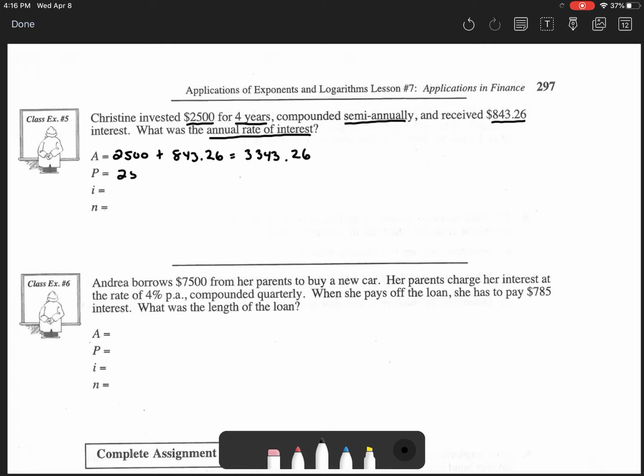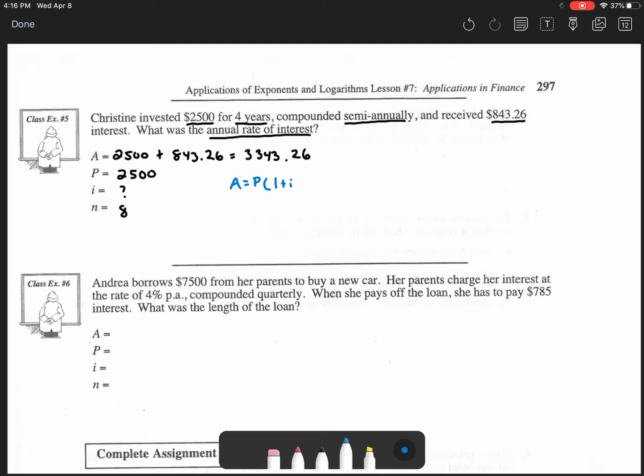So that's how much we're going to put in for A. Now P, her principal amount, well, that's what she started with, so that's her 2,500. I, that's what we're after. We don't know what that is. And N is the number of compounding periods. So how do I get that? Well, semi-annually is twice a year. The number of years is 4, so 4 times 2 is 8. There will be 8 interest periods.